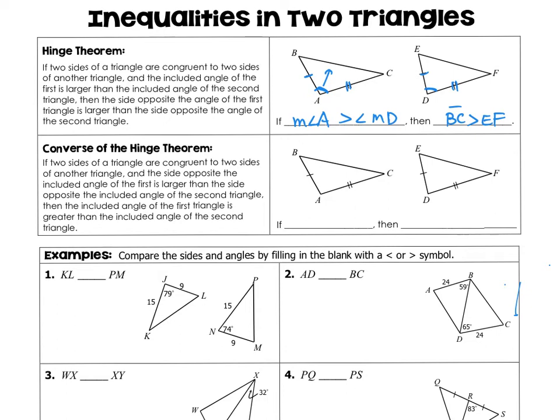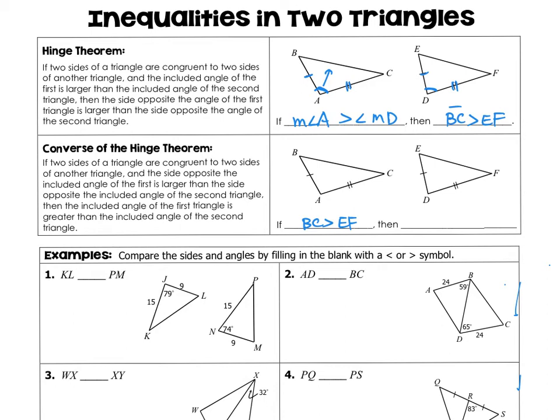And the converse is true as well, meaning if two sides are congruent and the third side is greater, so if I say BC is greater than EF, I'm sorry, it's not a segment, it's length.